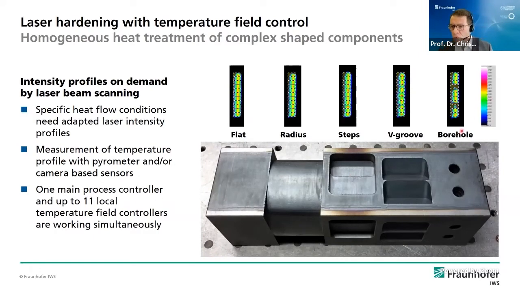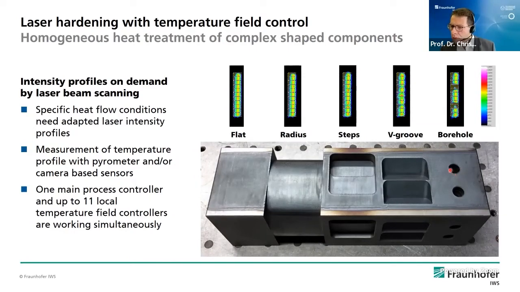And if we go to the borehole energy distribution, that's probably the most clear picture here. What you can see here is that the energy is shut down where the boreholes are, and particularly the edges are in danger to be overheated.